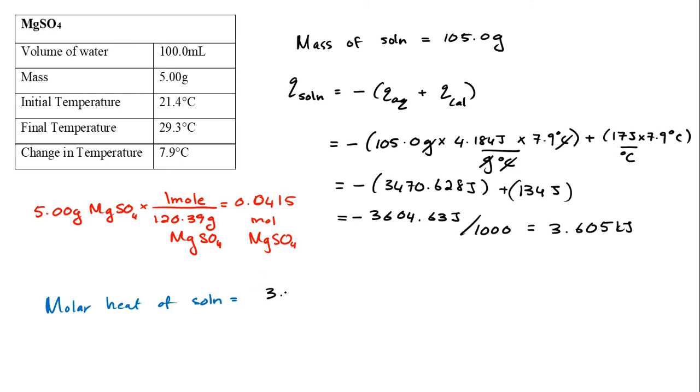So we take 3.605 kilojoules of energy and we divide it by 0.0415 moles. That should give us kilojoules per mole as our answer.